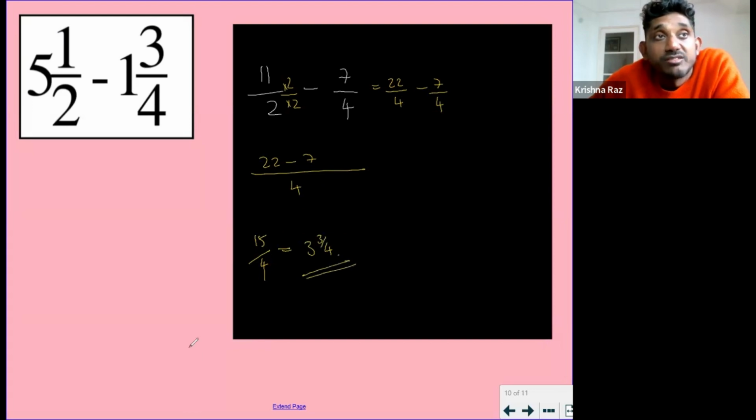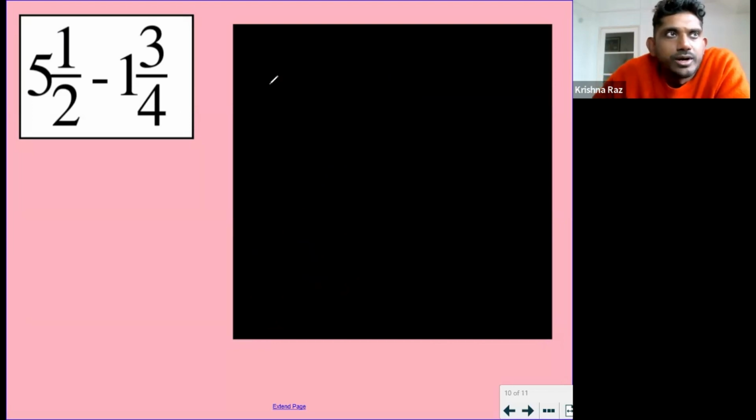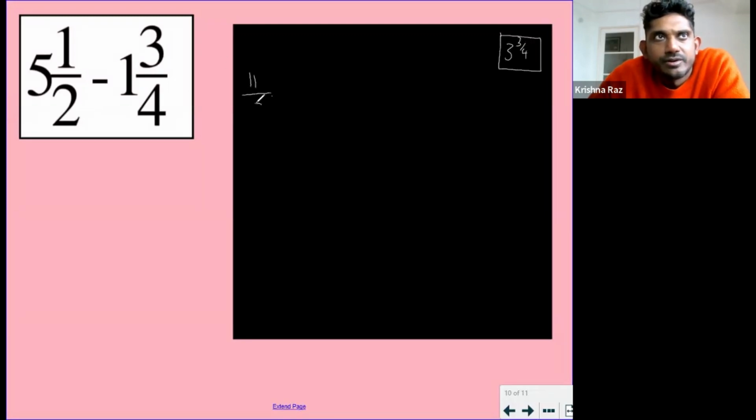If I've lost you, I'm going to do it the robotic way and just times everything by each other. So we got 3 3/4 as our first answer. I'm going to see that we get the same. So we've got 11 over 2 take away 7 over 4. We're going to times this one by 4 and this one by 2.